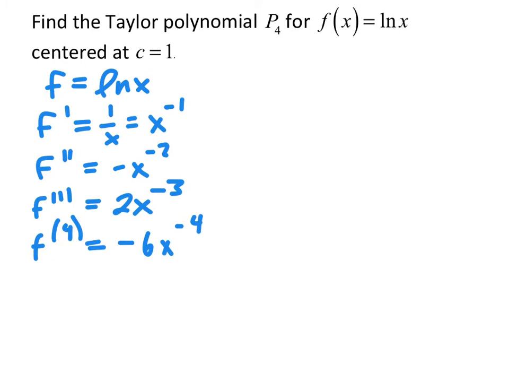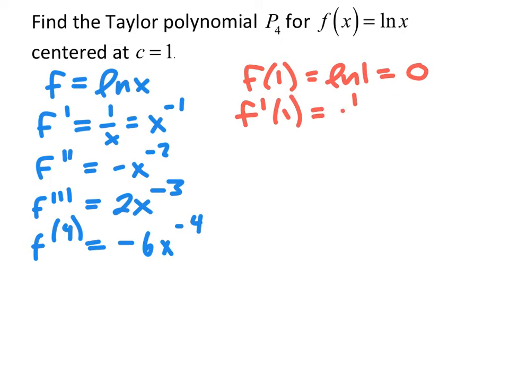Now, because my Taylor polynomial needs to be centered at c equals 1, I need to evaluate all the different derivatives and functions at x equals 1. So on the side, I have f of 1 is equal to ln of 1, which is 0. F prime of 1 is 1 over 1, which is 1.